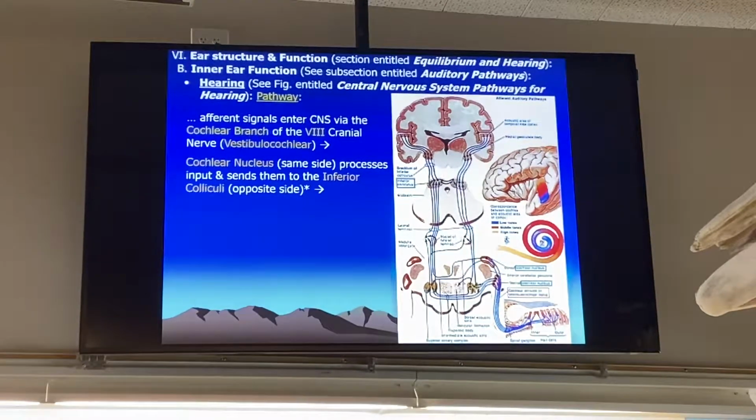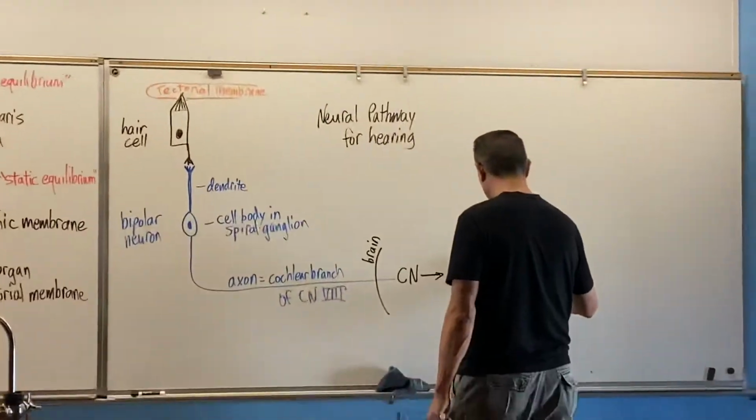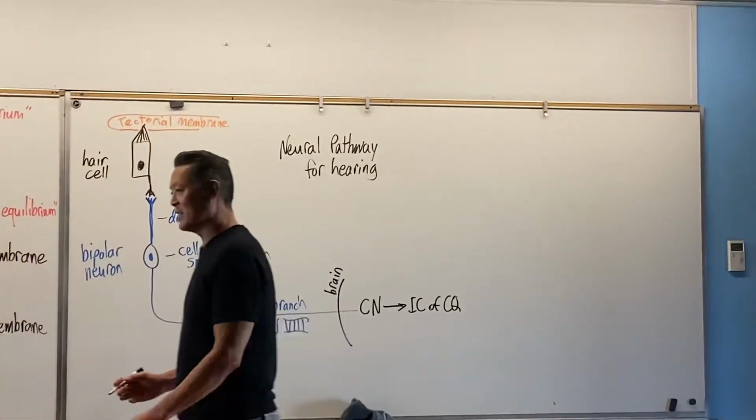And it's going to be a little bit different, especially as it talks about the inferior colliculi. Whereas in vision, it branches. This one doesn't. It will do some decussation. You remember what that means? But instead of branch, it's in the same line.